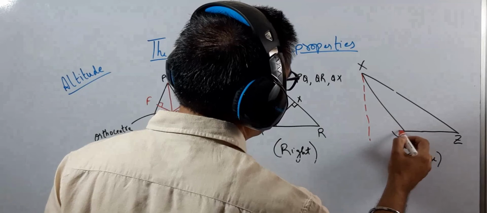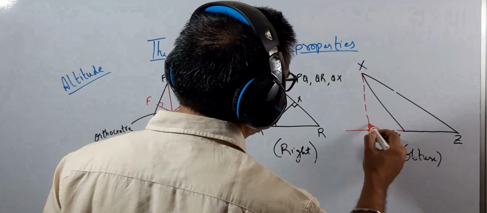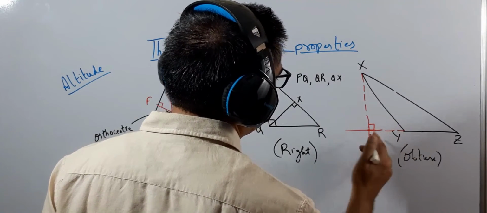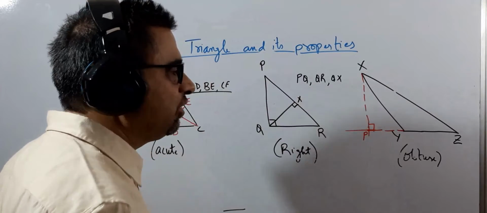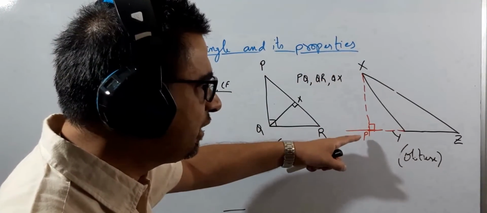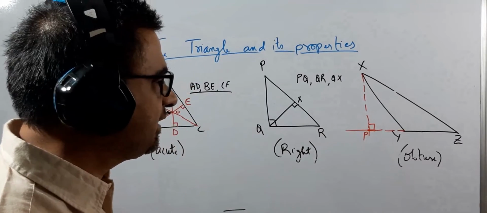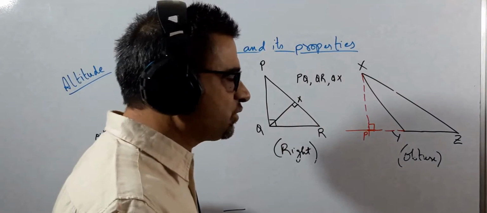Now if you extend this side, look at where this meets. So if we are to name this point as P, then XP is the altitude of this triangle. So in this case, the altitude lies outside the triangle. This one will as well have three altitudes. We're not going to draw the other altitudes. Let's just keep it short.